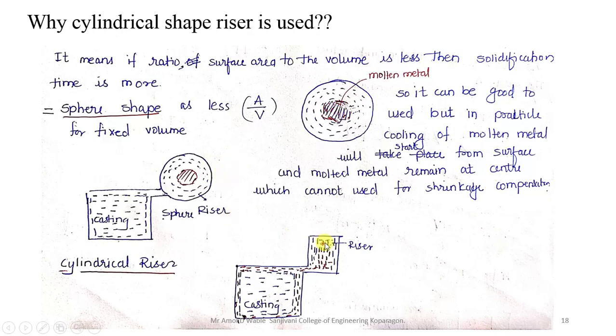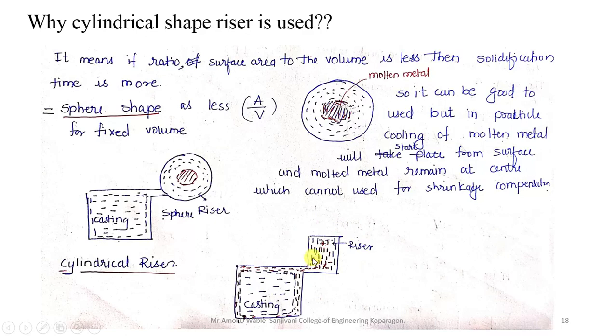So generally, we use a cylindrical shape to make a riser. Wherever you come across a casting component, your riser will always be designed using a cylindrical shape. In this case, the surface area to volume ratio is also low, and this surface area is in contact with the surrounding sand.